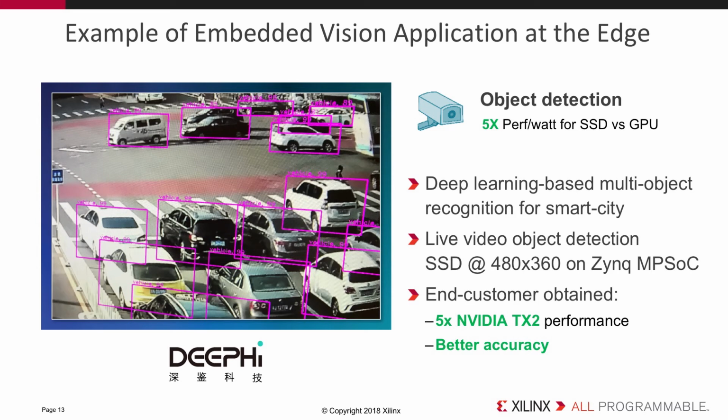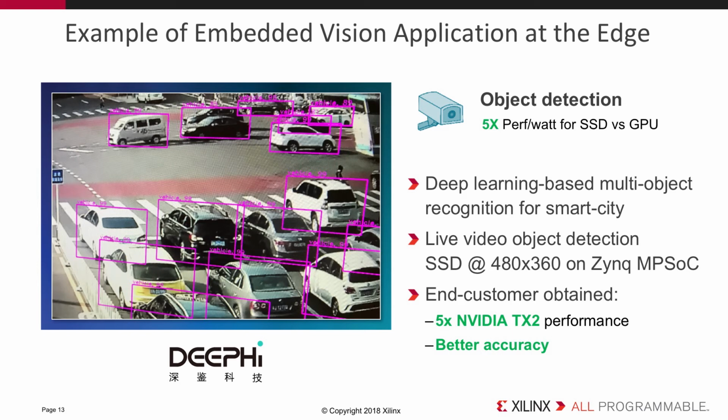On the edge part, our same machine learning partner, DeePhi, is accelerating machine learning for applications in automotive, in smart city surveillance, for drones, and so on. And the example here is about smart city surveillance. They're getting about 5x the performance of embedded GPUs.